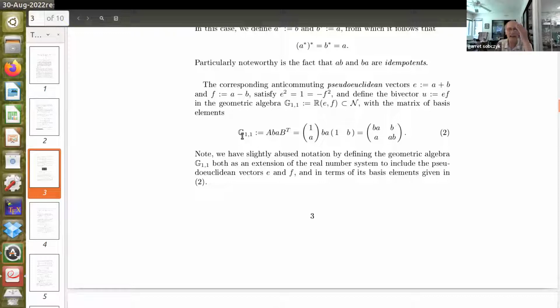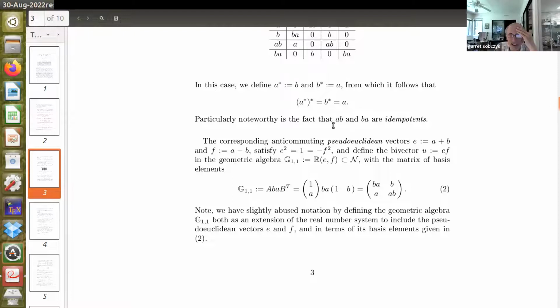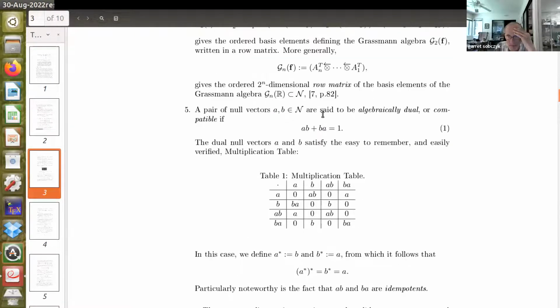Now you see I'm identifying the Grassmann algebra G1. And now you see what I do here: I'm just using ordinary matrix multiplication. BA is the product of these compatible null vectors, which satisfy this property here.